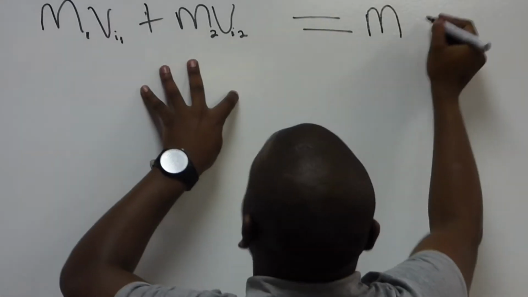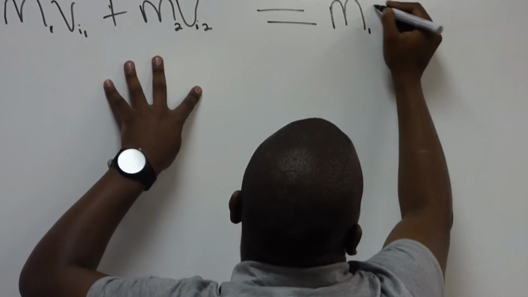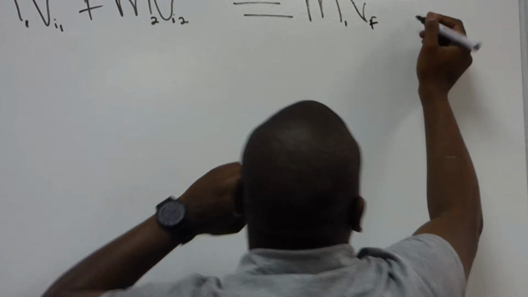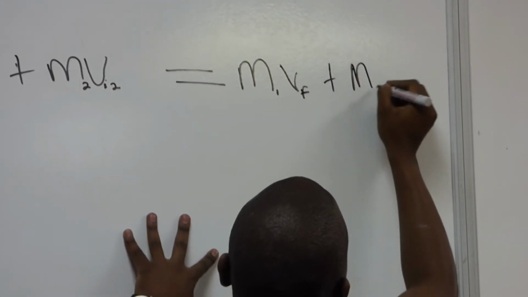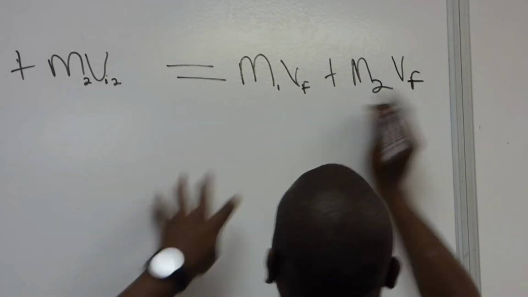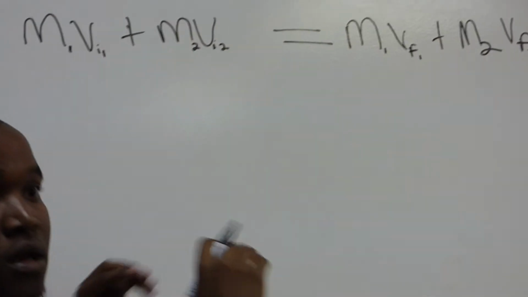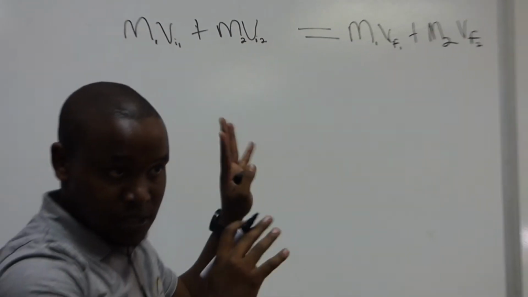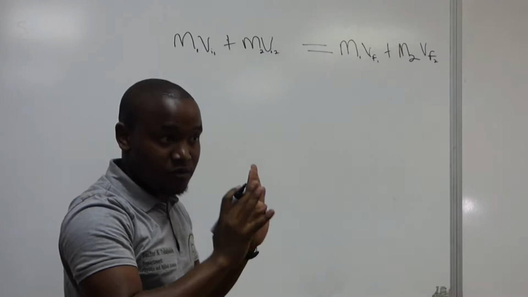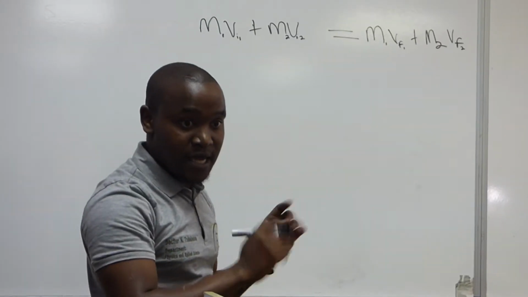Good. Now it says we have that, object 1 V final, plus object 2 V final. This is how we denote the principle of conservation of momentum, mathematically.